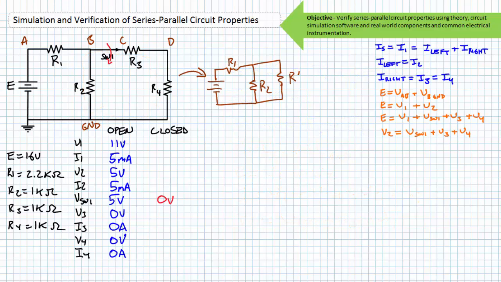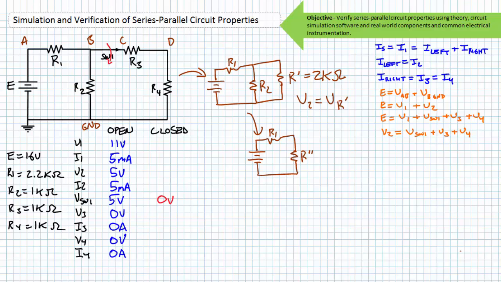R3 and R4 and the ideal closed switch can be combined in series with one another into a simplification I'll call R prime, with a value of 2 kiloohms. R prime is clearly in parallel with R2, and making use of parallel circuit properties, we could say that V2 equals VR prime.